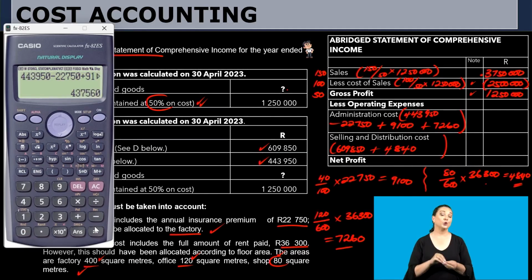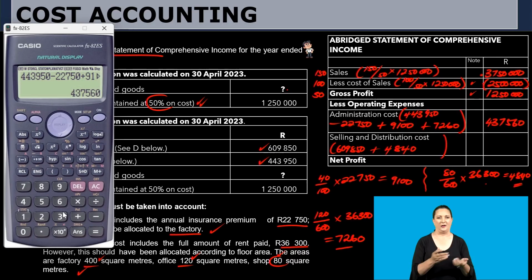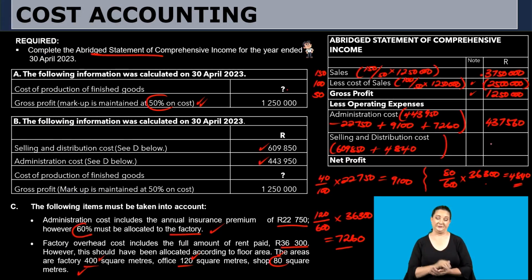In total, I'll get 437,560. So it becomes 437,560. Then I do the same for my selling and distribution, where I'll take my 609,850. Then I'll say plus 4,840. The total will be 614,690.